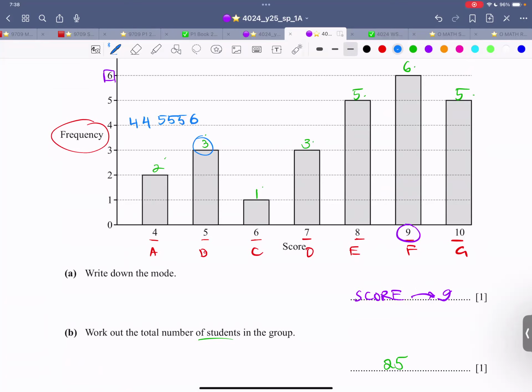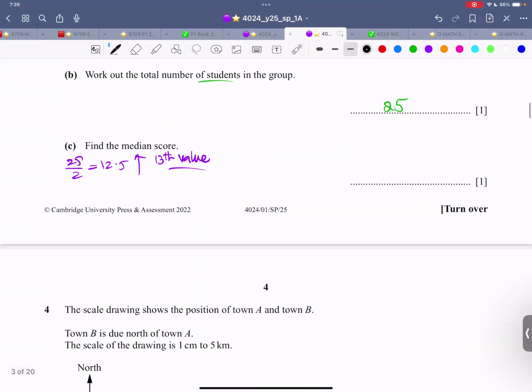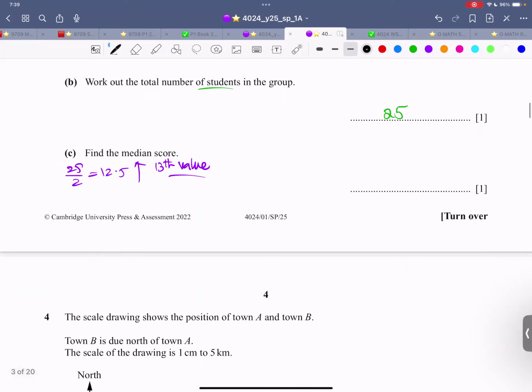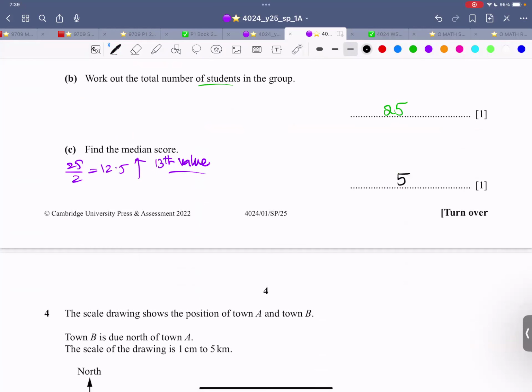And then there are 3 scores of 7. Got the idea? And then there are 8 scores of 5. So that is 1, 2, 3, 4, 5, 6, 7, and 8. Now let's count it all. 1, 2, 3, 4, 5, 6, 7, 8, 9, 10, 11, 12, 13. So yes, the median value is 5. So the median score is 5.